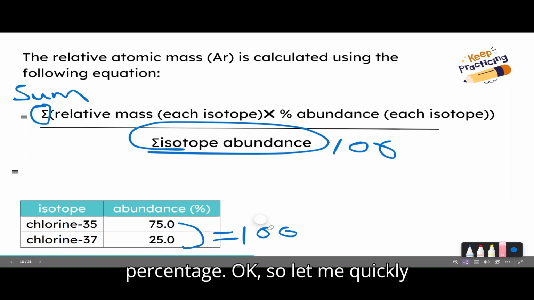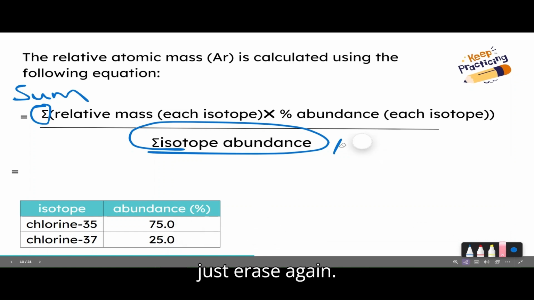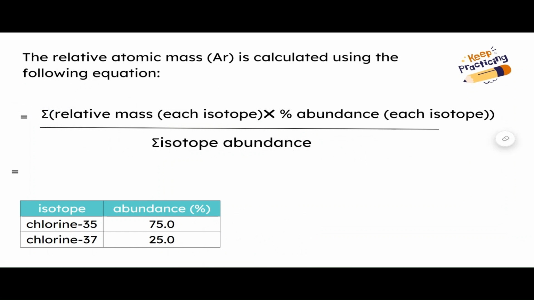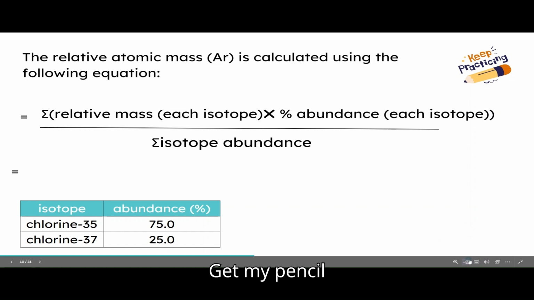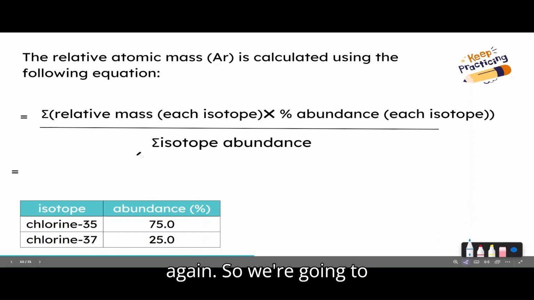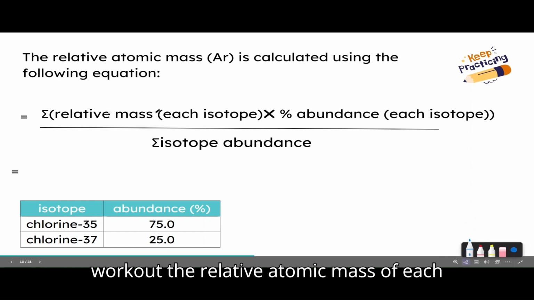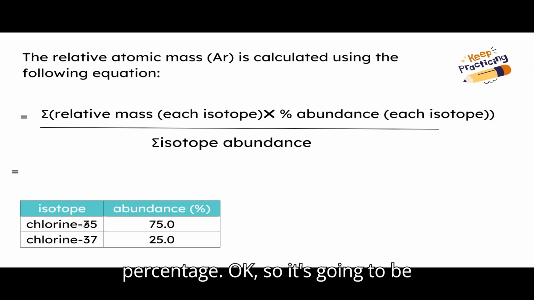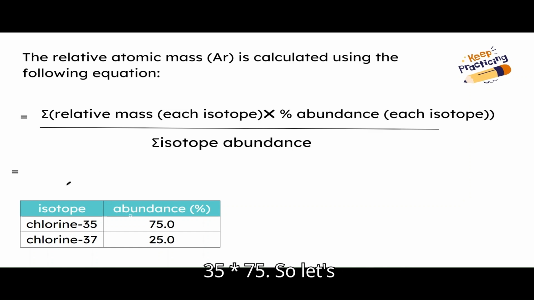So we're going to work out the relative atomic mass of each isotope times the percentage. So it's going to be 35 times 75.